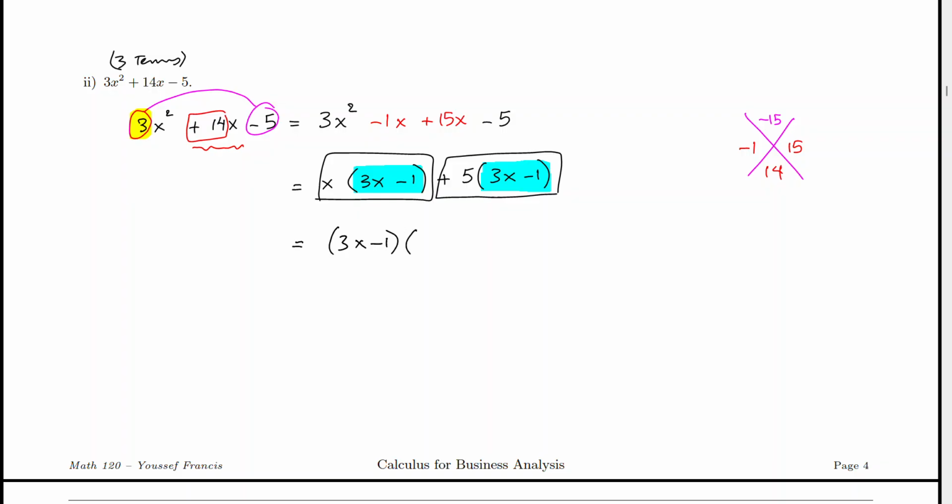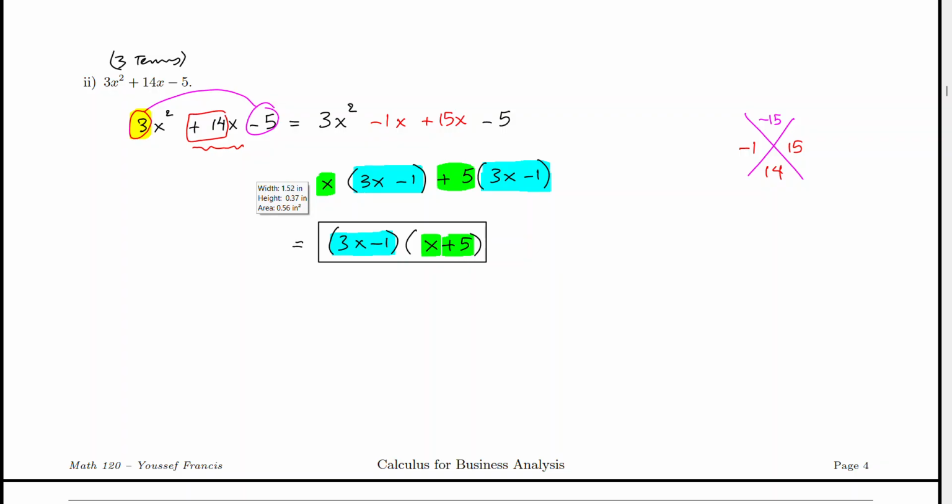And once we finish writing it, we put all the leftovers inside of the second parentheses. So in this case, the leftovers are x plus 5. And that is the end of the whole process. We need to box it, and we're done. So as you can see, it's slightly more challenging when the leading coefficient is not equal to 1. You'll have to do extra steps, but it's not too difficult.